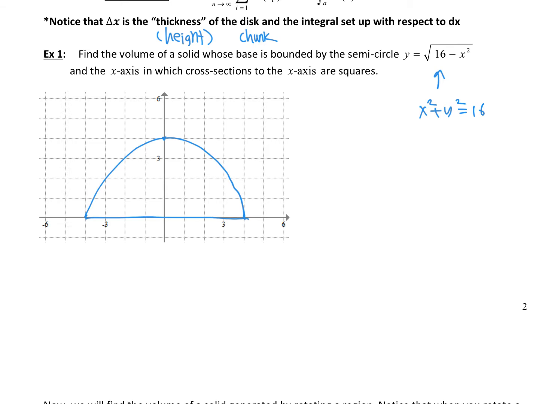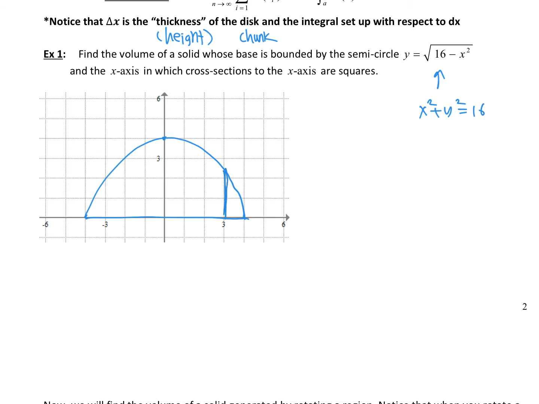Okay. And then it says the cross sections perpendicular to the x-axis are squares. So what does that even mean? That means if I take a cross section perpendicular to the x-axis, so the cross section is this way, right?